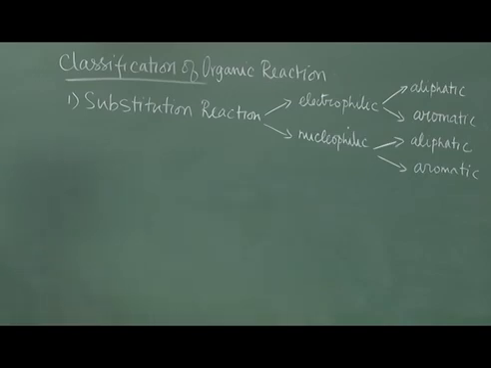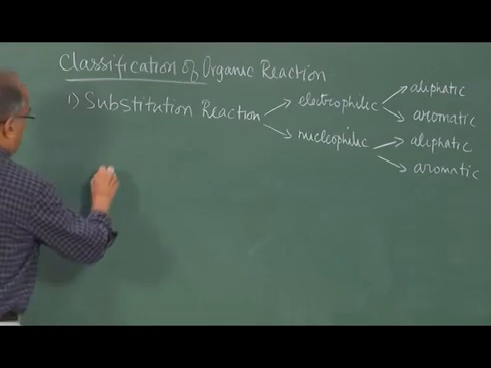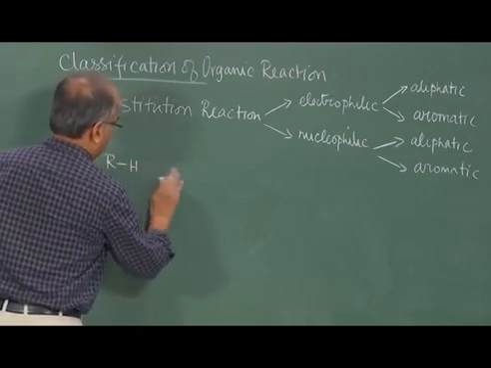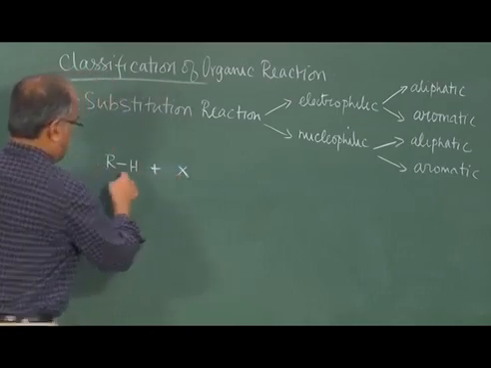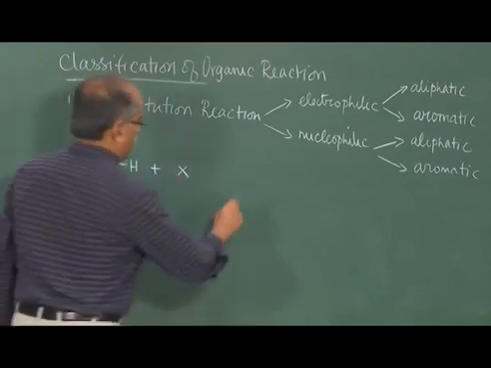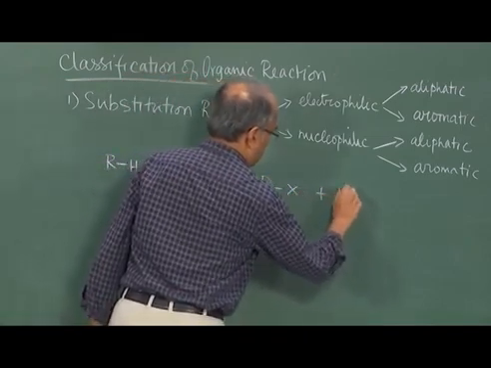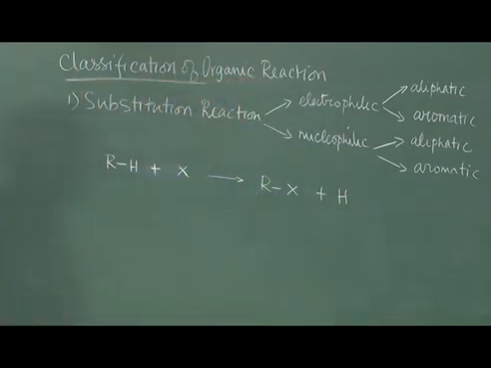Substitution reaction is essentially substituting a hydrogen or a functional group with another functional group. As a very general example, let us say a reagent X is reacting with RH. If the hydrogen is removed, let us not worry about how it is removed for the time being, you are essentially substituting a hydrogen with an X group.